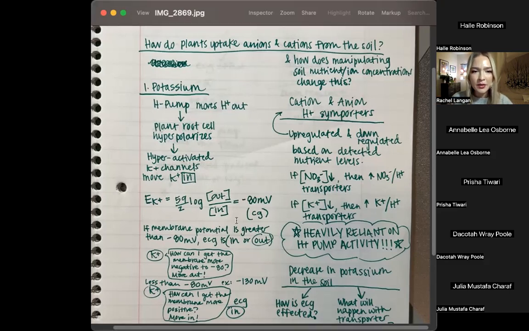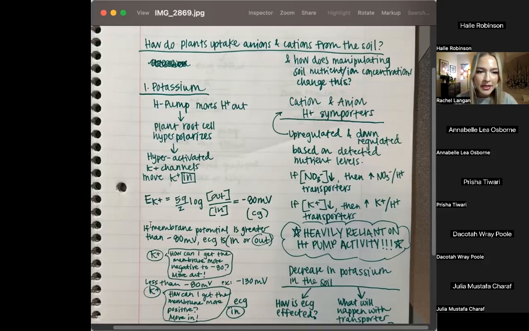Remember the Nernst equation: it gives you the concentration gradient, or in other words, the equilibrium potential for that ion. For most plant cells, I didn't do the calculation, so I'm not sure how accurate this number is, but if you plugged the concentrations in and out, the equilibrium for potassium would be somewhere around -80.